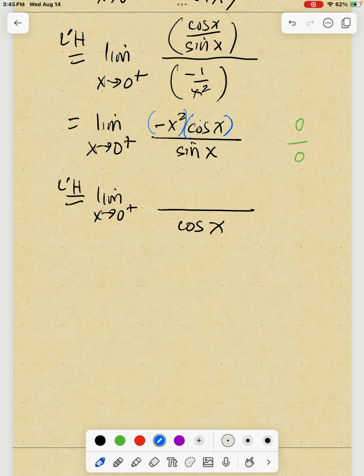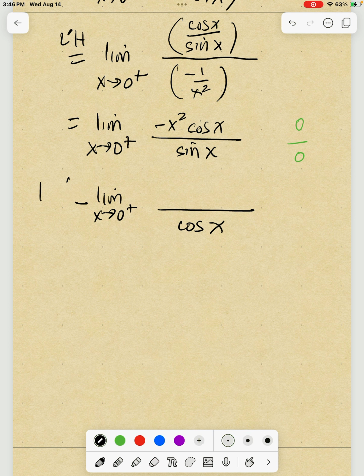Actually, I think it's better to factor out the negative 1. You can always pull out a constant from the limit. So I have negative 1. Let me just get some space.